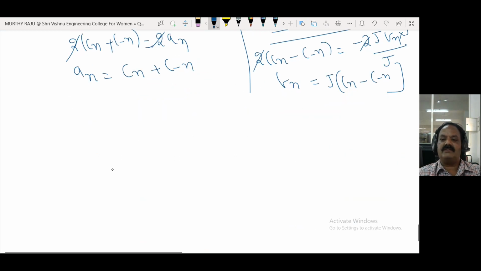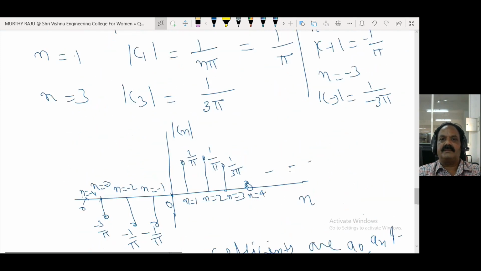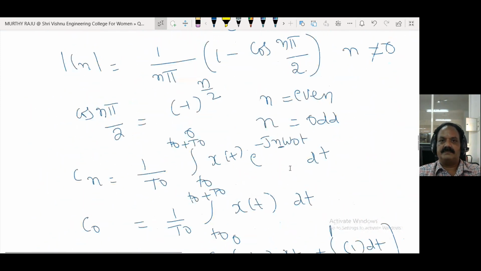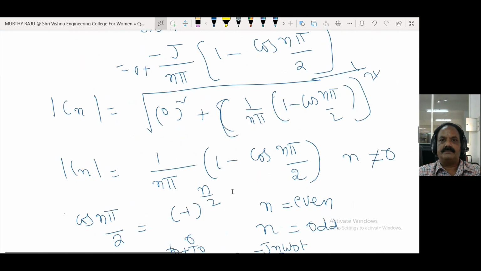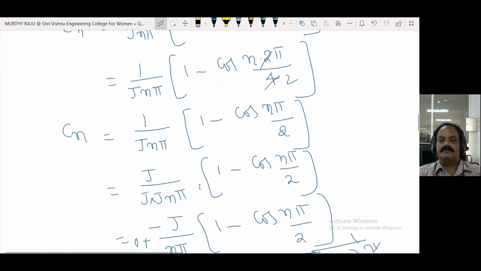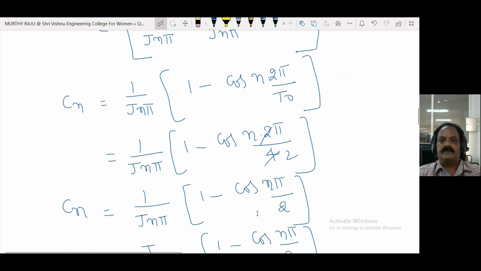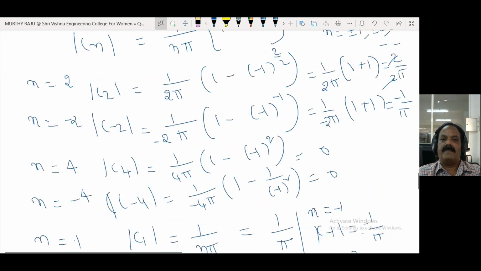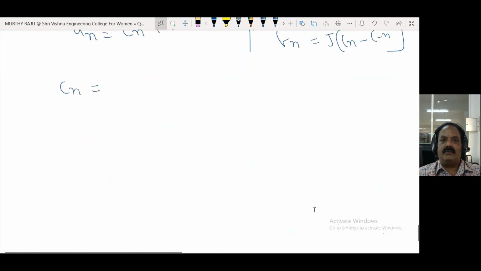We know that Cn is already derived. Cn is 1 by j n pi into 1 minus cos n pi by 2, not a magnitude function.